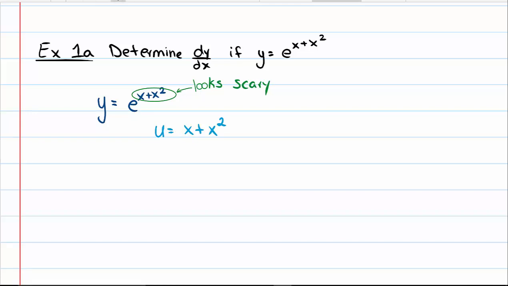So if that's true, then y is then equal to e to the u.